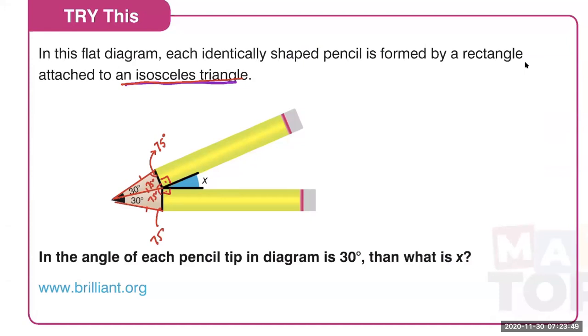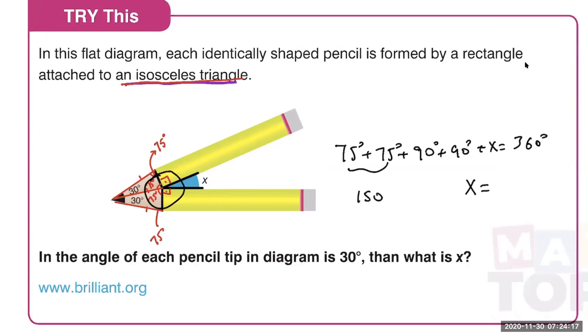What would be the final equation? Everything here adds up to what? 360 degrees, as it's a circle. 75 degrees, 75 degrees, 90 degrees, 90 degrees, and x is 360 degrees. The 75s give 150 degrees, and 90 plus 90 is 180.